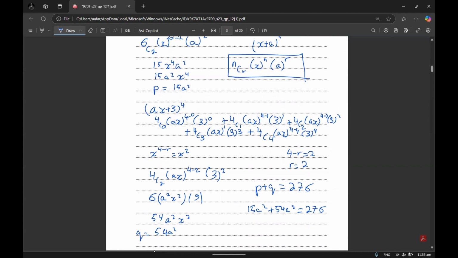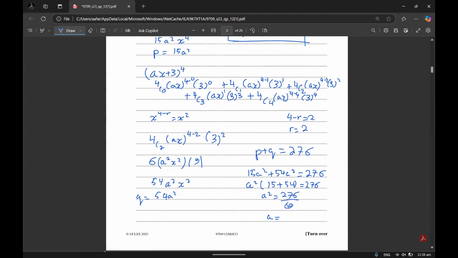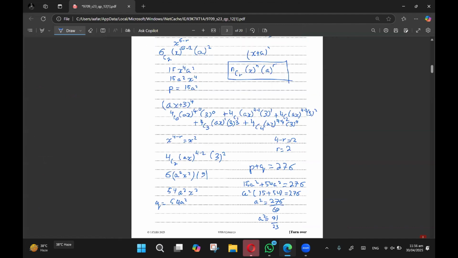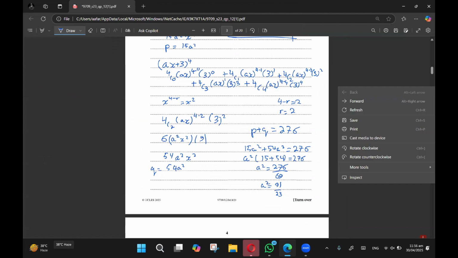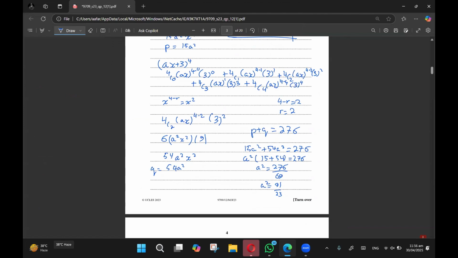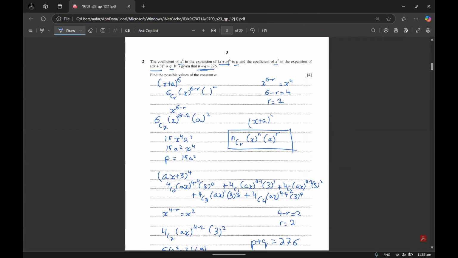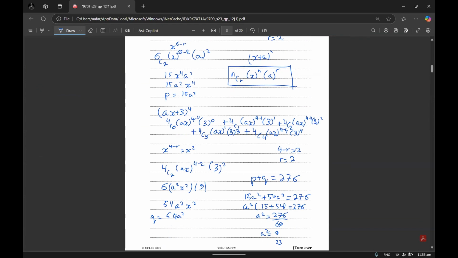So 15 a square plus 54 a square, take a square common, you get 15 plus 54, which is basically 69. So a square you get is 4.